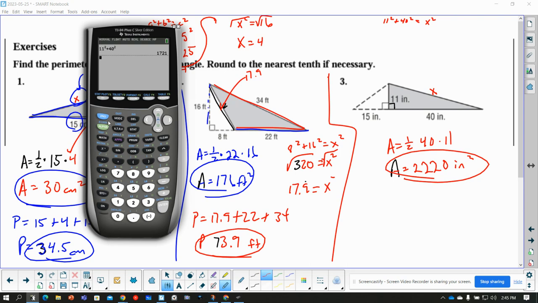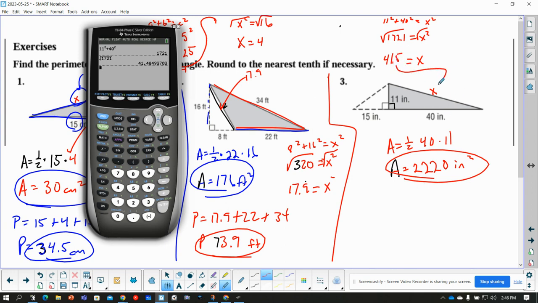And then I'm going to do the square root of that. 11 squared plus 40 squared was 1,721. Then if I take the square root of both sides, square root of x squared is x, square root of 1721 is 41.48, so it'd be 41.5.